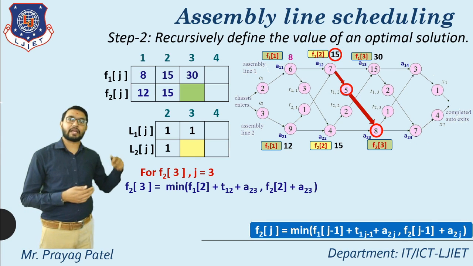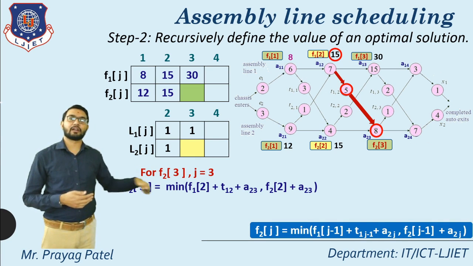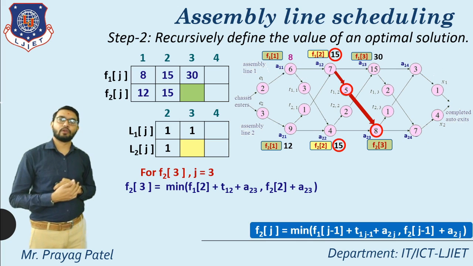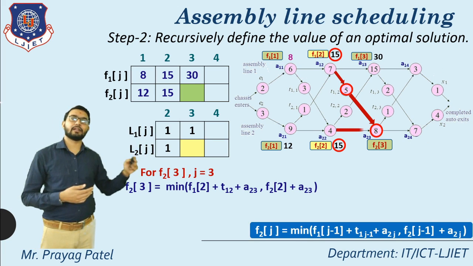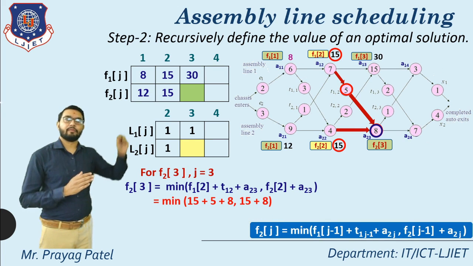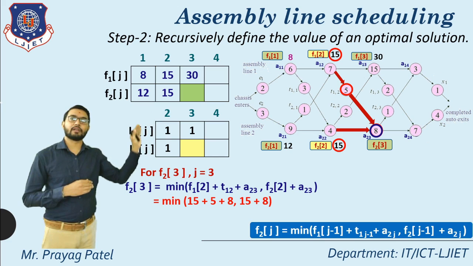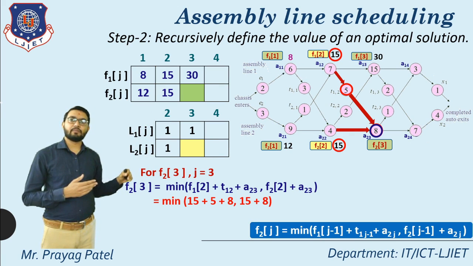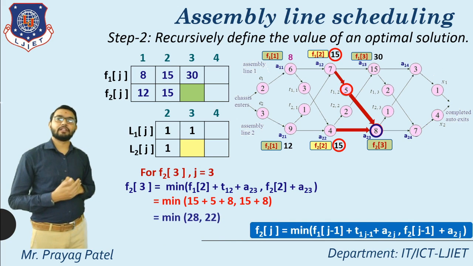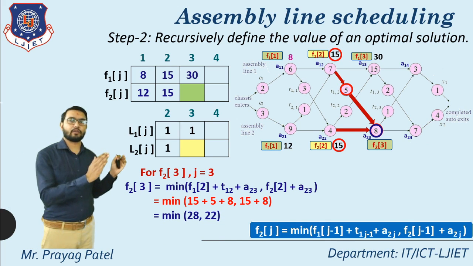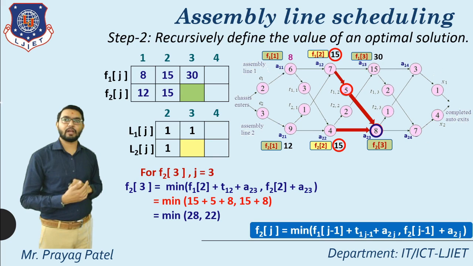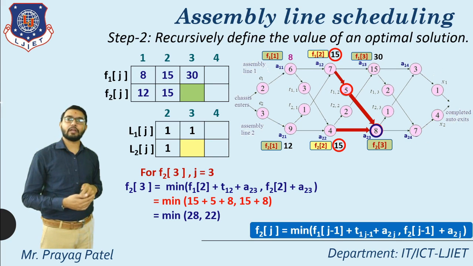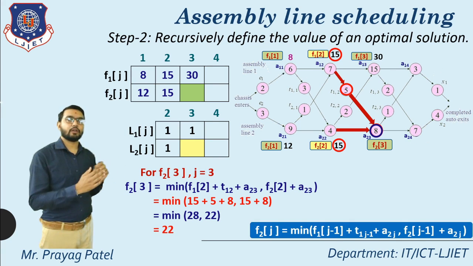Now the second part from line 2: the previous station value is 15 and the path is 4 to 8. So the final cost is the minimum of 15 plus 5 plus 8, and 15 plus 8. So the final answer is the minimum of 28 and 22. The minimum value is 22, so put the value 22.